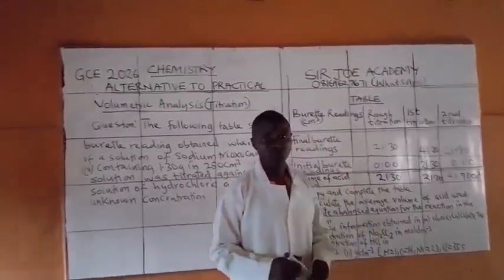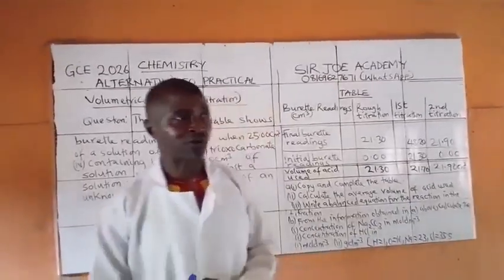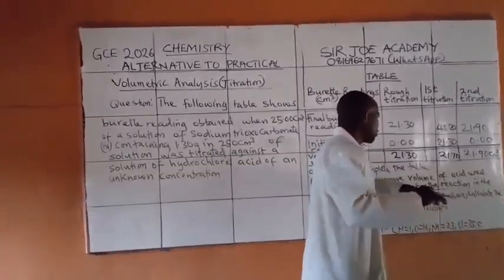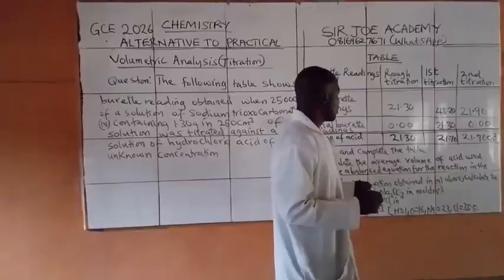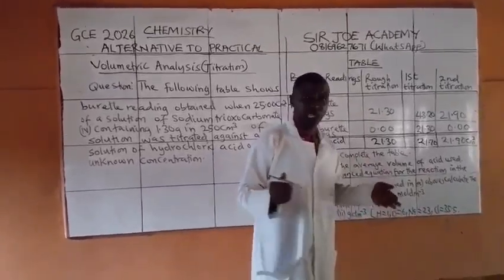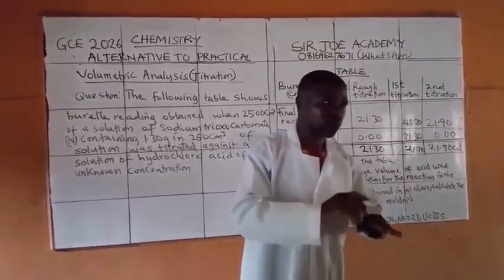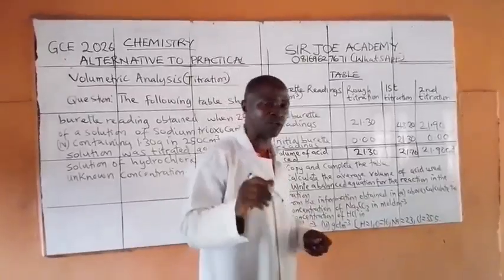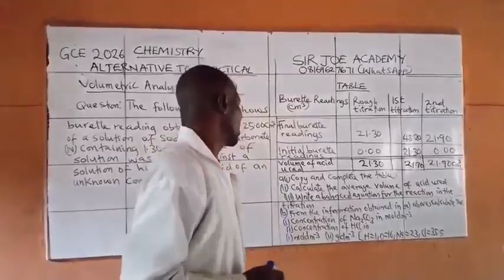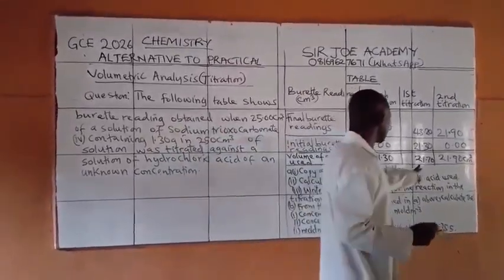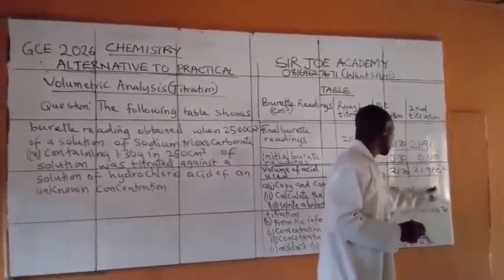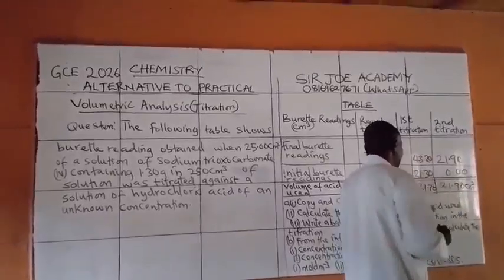One of the rules of titration is that the difference in the values of the titrations must not exceed 0.2. It should be plus or minus 0.2.